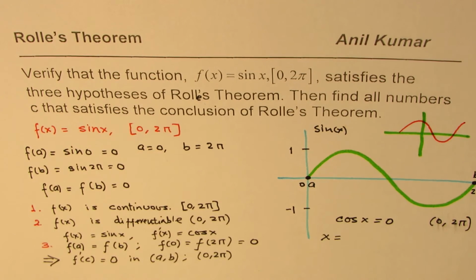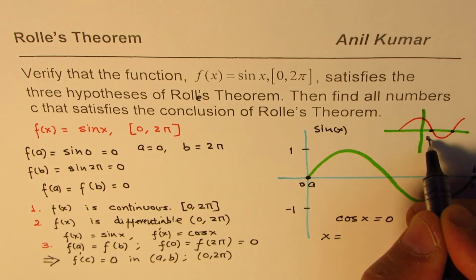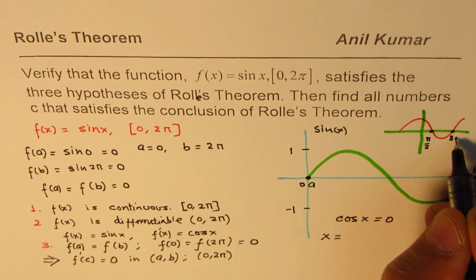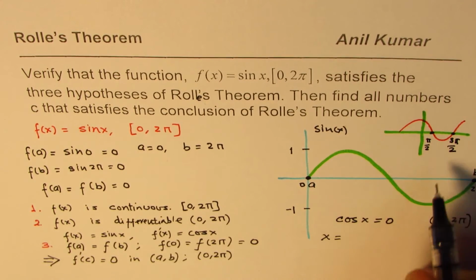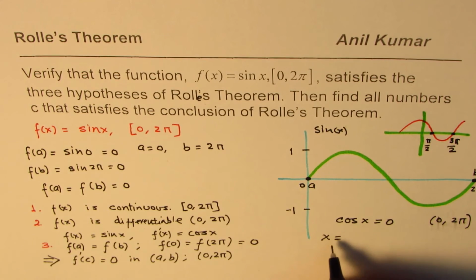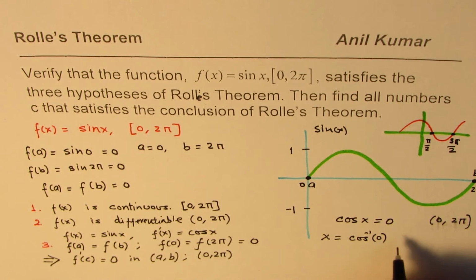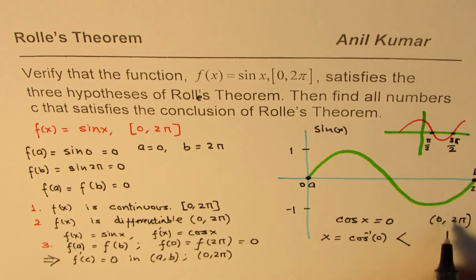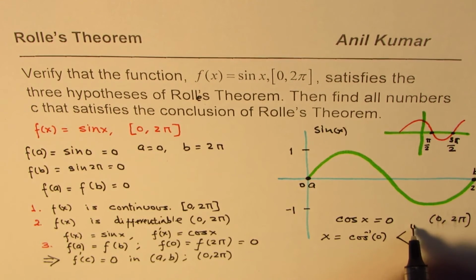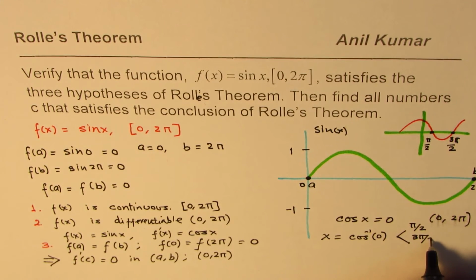So it is 0 at pi by 2 and 3 pi by 2. Or you could use special triangles, or you could use a calculator. So x is equal to cos inverse of 0, and this gives us two values within this interval. One of them is pi by 2 and the other one is 3 pi by 2.